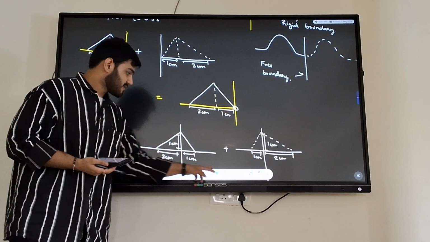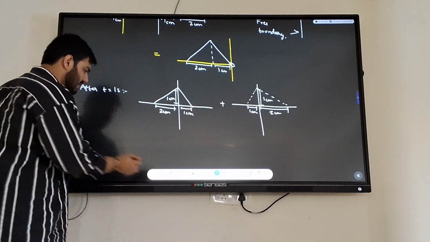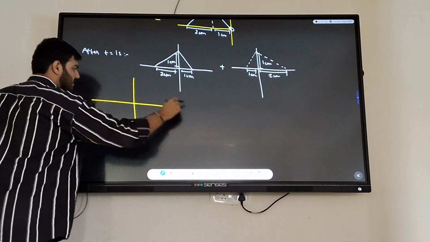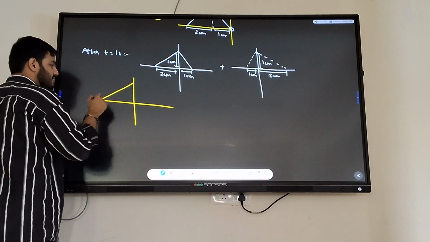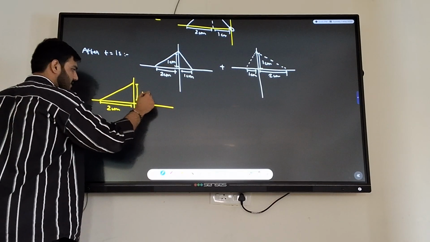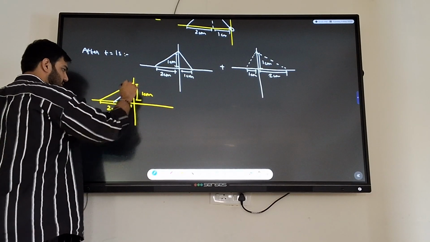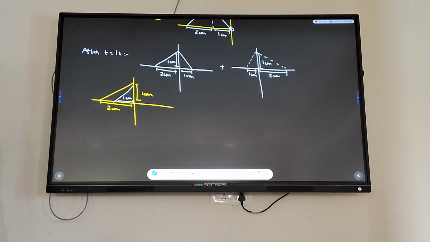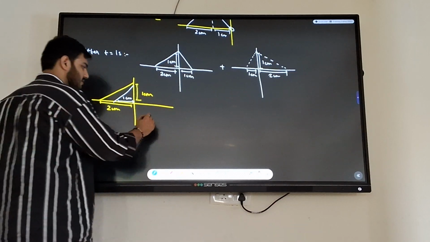Now understand this. What do I have to add? I have to add only the left side things. So there is one which is 2 centimeter, 1 centimeter, and there is another line which is 1 centimeter. The superposition of these two will give me the final wave. So what should be the final form then?